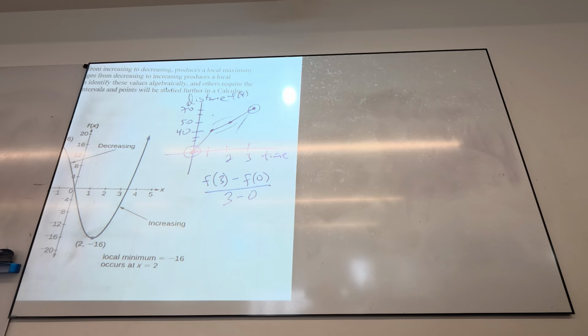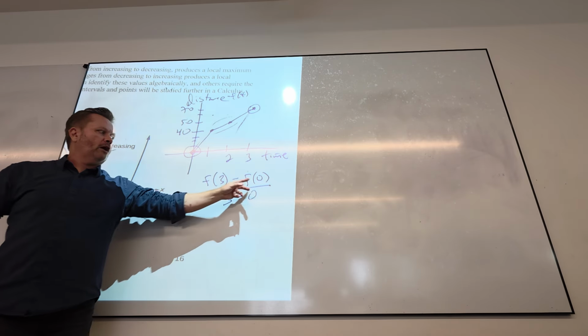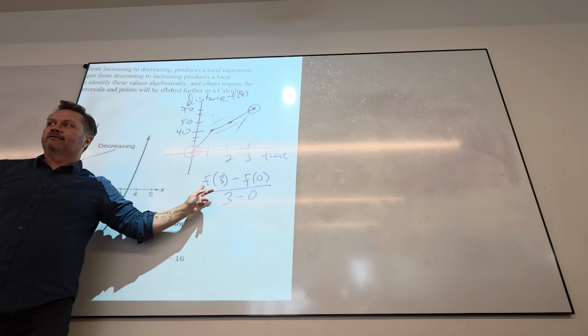It would be the y variable, right? In general. So how many outputs do I have? 2. How many inputs do I have? 2. So isn't this like y2 minus y1 over x2 minus x1? Does that sound familiar to anybody? That's just the slope, right?